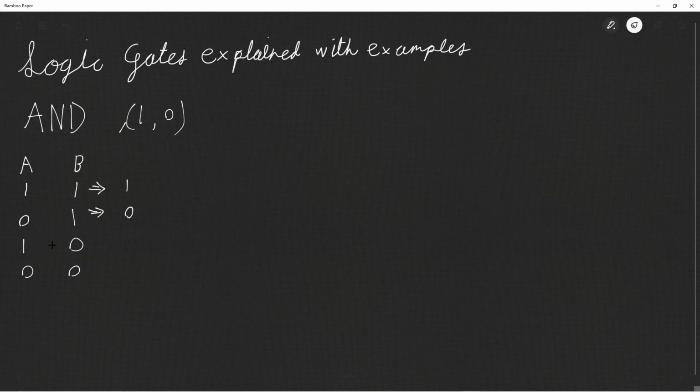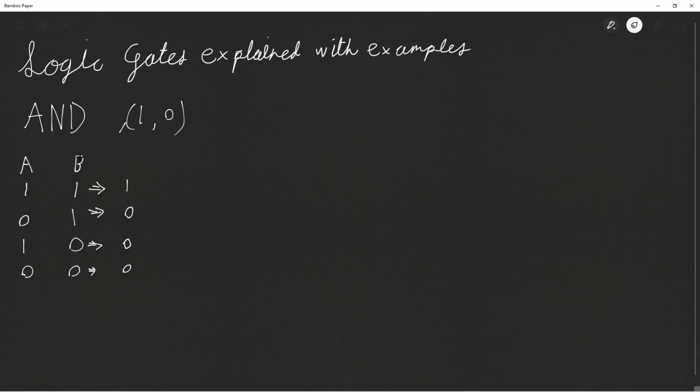And the same thing here, we have 1 and 0, and since they're not the same, our output is going to be a 0. And finally, we have 0 and 0, which will also be 0, because even though they're the same, we still have a 0 and 0.